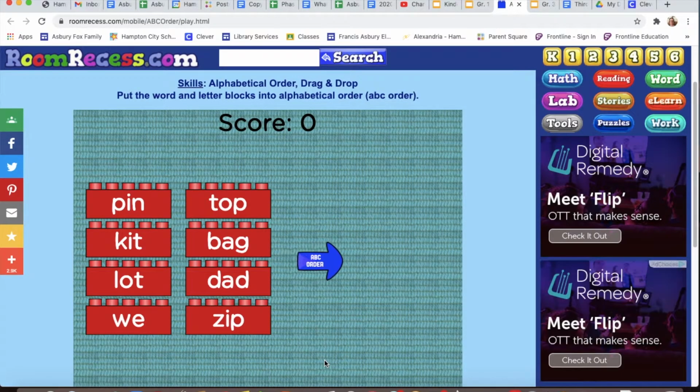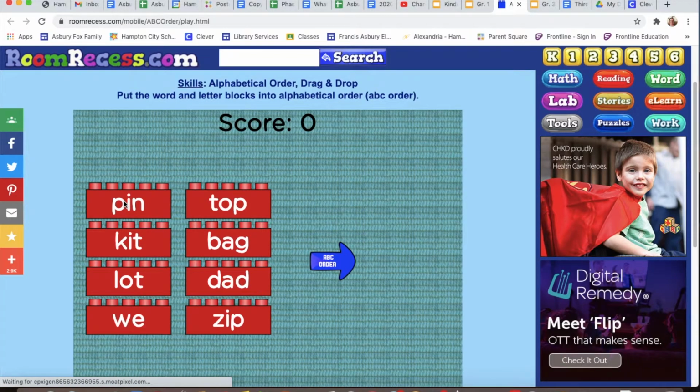And then you can use that to help you put these words in ABC order. So now let's think about our ABCs. If you want to stop the video for a minute or two so that you can write your ABCs down on a piece of paper, or if you already have an ABC chart or a timeline that you can look at, then that'll be great. Something that you can look at so that you can tell what letter you're on. Okay?